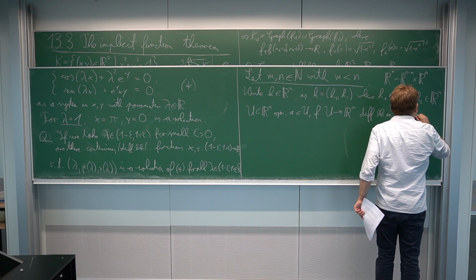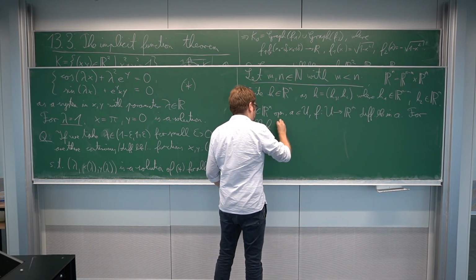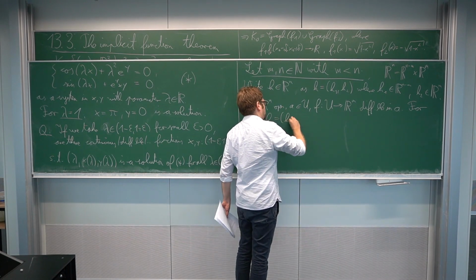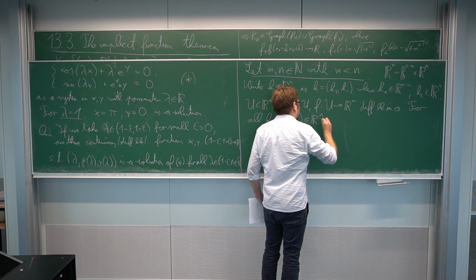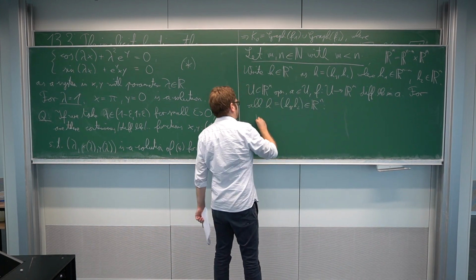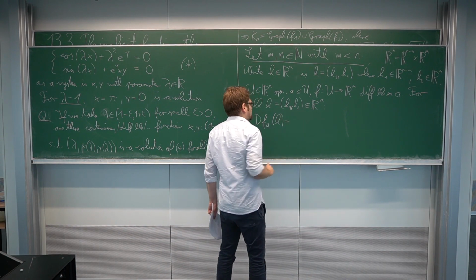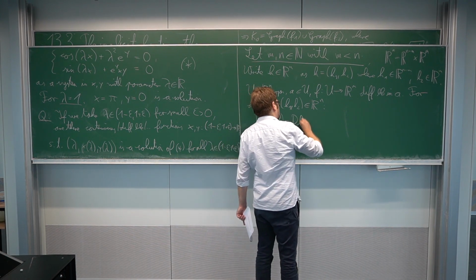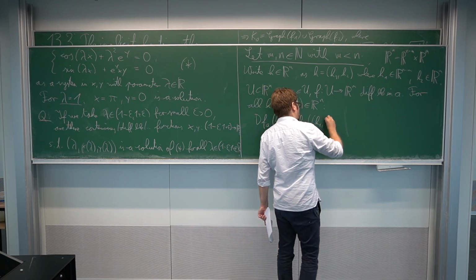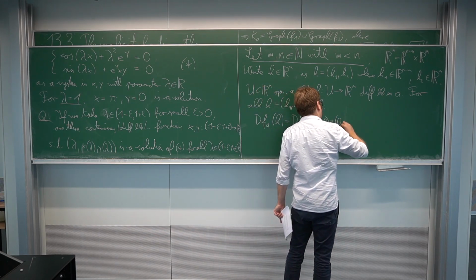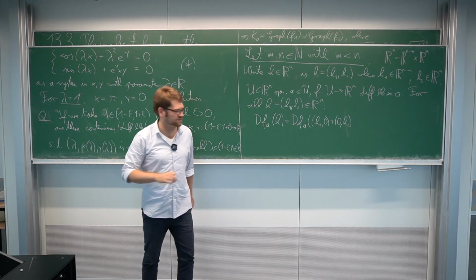Then, for all h equal to (h1, h2) in R^n, if we take the differential of f at a and insert the vector h, this pair can be written as (h1, 0) plus (0, h2), where we fill up all the remaining coordinates with 0.